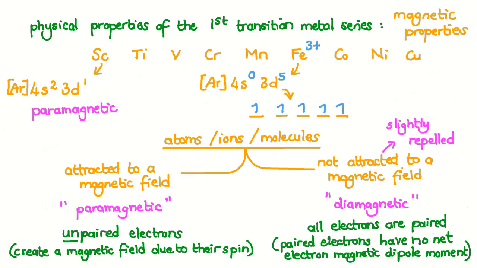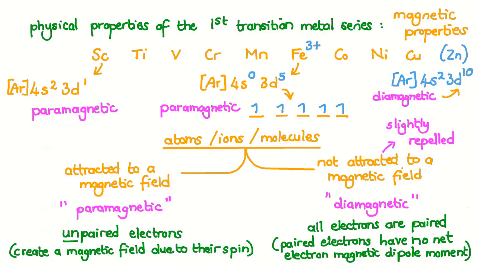We can put the electrons in the 3d subshell into separate orbitals as shown, and we can determine that Fe3+ is also paramagnetic, because it contains unpaired electrons, in this case 5 unpaired electrons. What about zinc? If we write the electronic configuration of zinc, we will see that there are 10 3d electrons. In other words, 5 pairs of electrons. Zinc has no unpaired electrons, and it is diamagnetic.